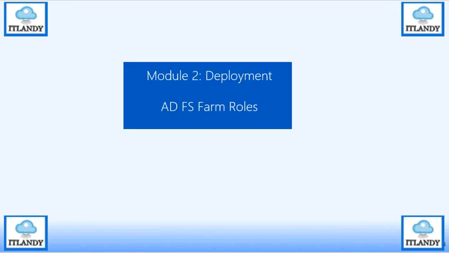First of all, deployment of ADFS and the farm roles. As I said earlier, we have multiple deployments. For a small deployment, you can go for a single server with Windows internal database.